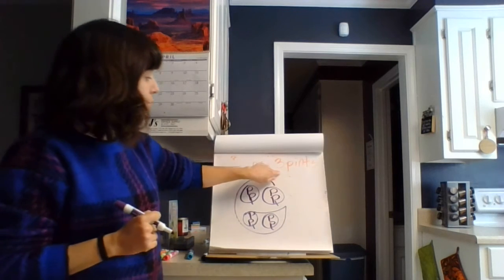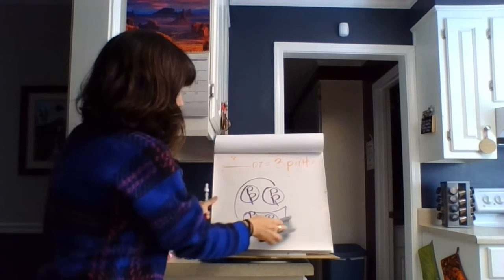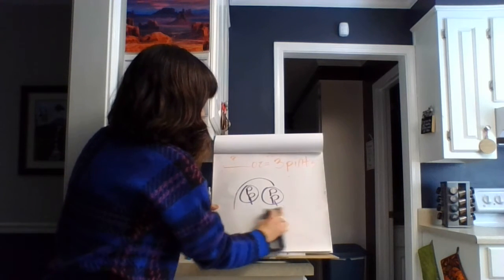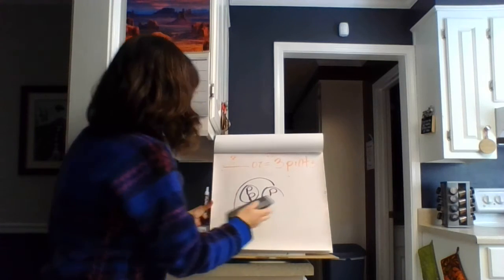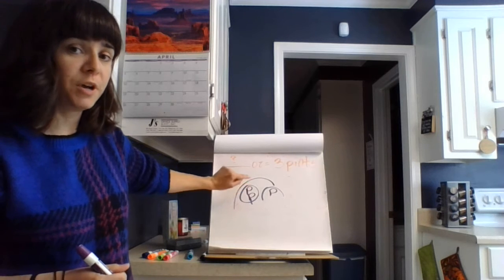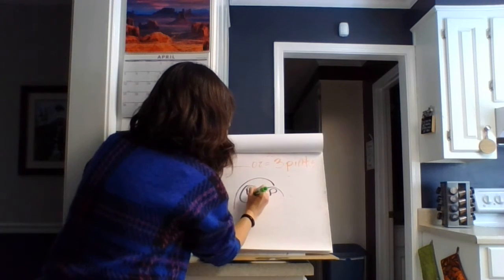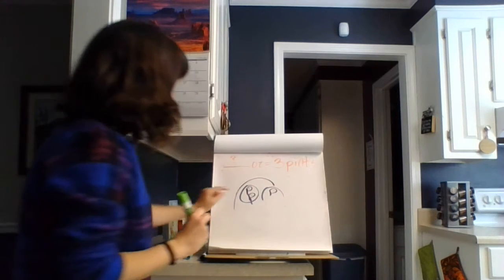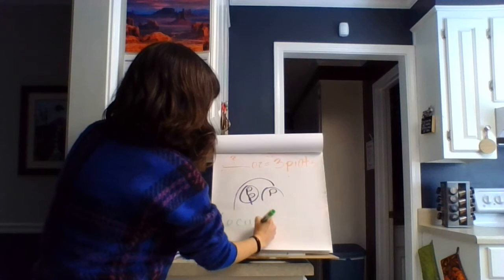Okay, so if I have 3 pints, 1, 2, 3. So I'm just going to erase this part, and then I'm even going to erase this for right now. So I have 3 pints, and I know that in each pint there are 2 cups. So if I draw that, 2 cups, basically I have 1, 2, 3, 4, 5, I have 6 cups.